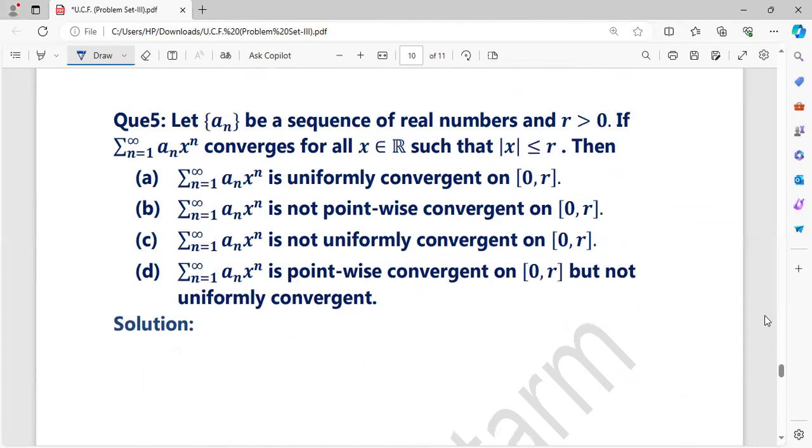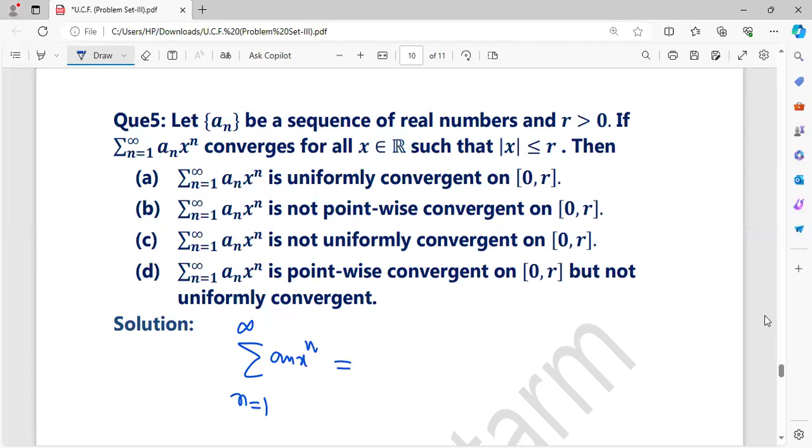Now a_n is a real sequence and r is greater than 0, and the series converges for all x belongs to the given range such that this happens. Then what about this, summation a_n x to the power n? Okay.